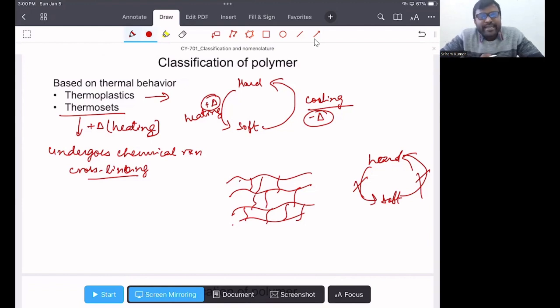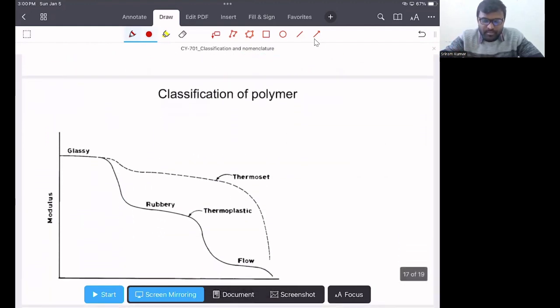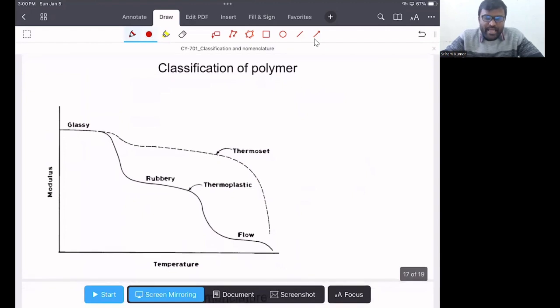Now let's understand how the mechanical properties, or the nature of the materials, change if we supply thermal energy. This is a very important observation about mechanical properties.